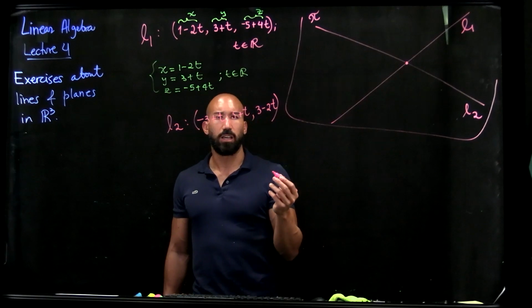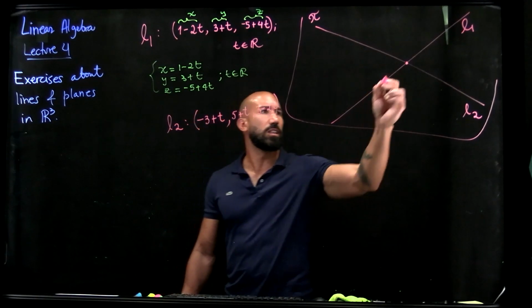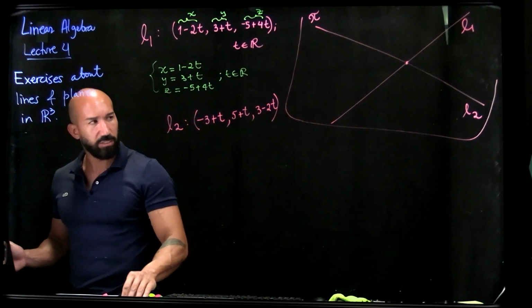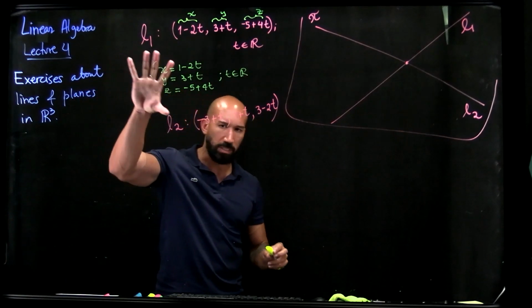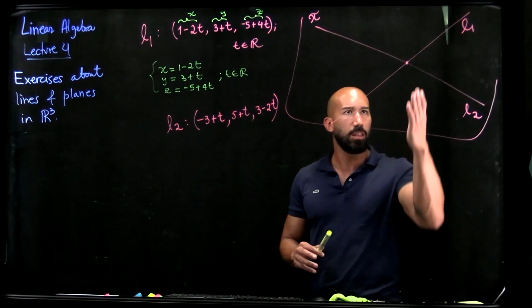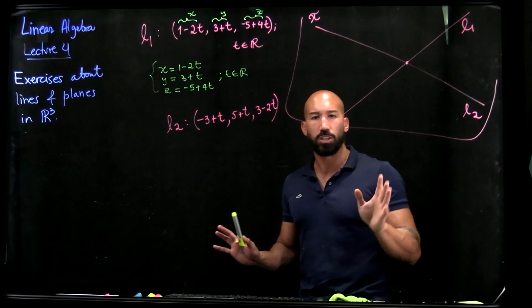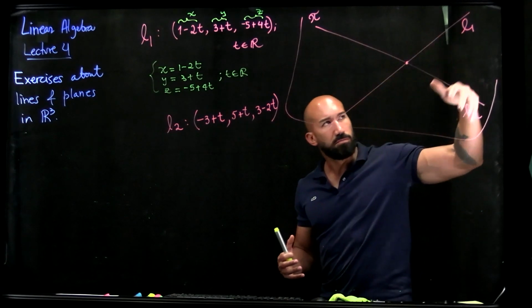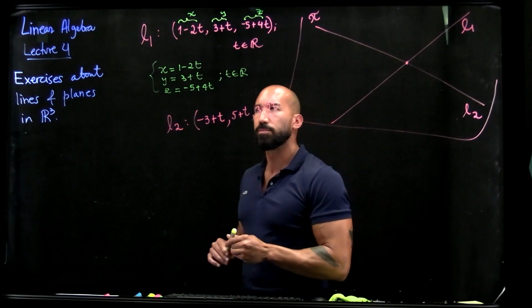Well, let's see that indeed the intersection of these two lines is a point. Let's verify that these two specific lines that I'm providing you with indeed satisfy the conditions of the problem that I gave to you, geometrically.